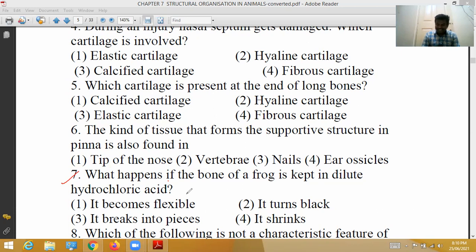The organic part remains intact. The bone becomes flexible because calcium salts are removed from it. So the first option is correct. It becomes flexible. It does not turn black, it does not break into pieces, and it does not shrink. It becomes flexible because the salts are dissolved.